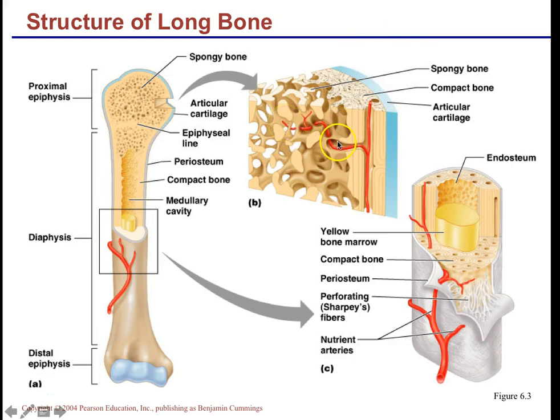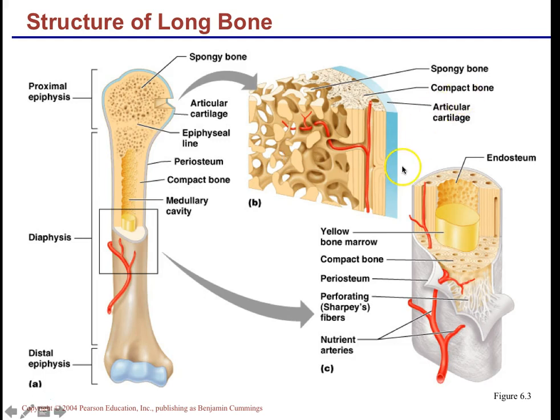I'm pointing right here to all of these canals, and the canals are found both in compact and spongy bone, but of course spongy bone is spongy, so it has many more little nooks and crannies in which to thread these capillaries. Capillaries are needed to deliver oxygen and glucose to the bone cells and to take away the waste products.